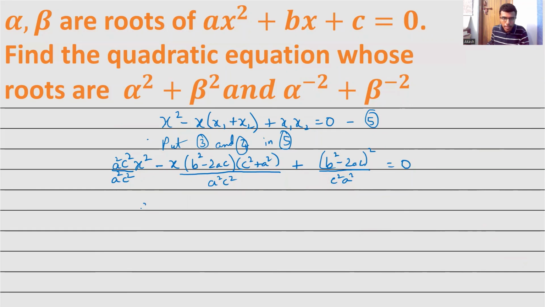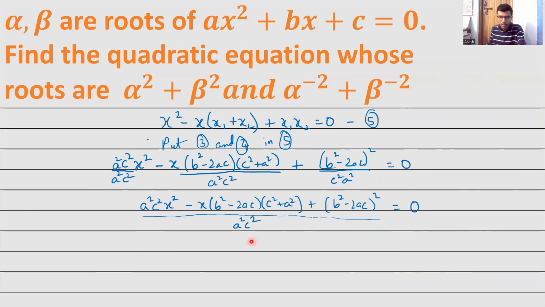So in that case, I'd get a square c square x square minus x into b square minus 2ac into c square plus a square, plus b square minus 2ac whole square, whole divided by a square c square is equal to 0. Now if I send this a square into c square to the right side, 0 into a square c square is nothing but 0.